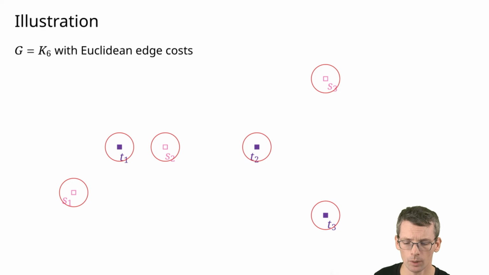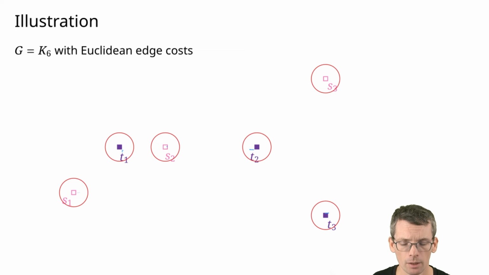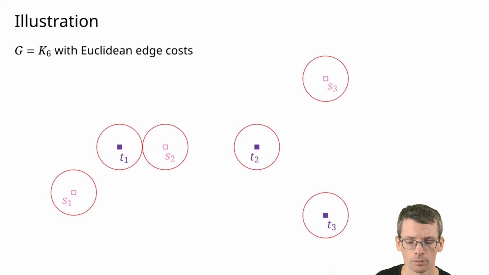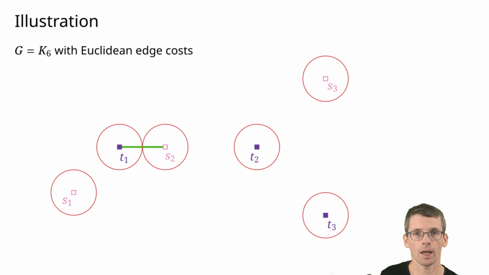So initially, because each of these is actually a terminal, I have these 6 components. So all six I'm going to increase the yC simultaneously until some edge becomes critical. And this would be the moment in time where one edge becomes critical. Now I'm going to add that edge to my tree and continue.